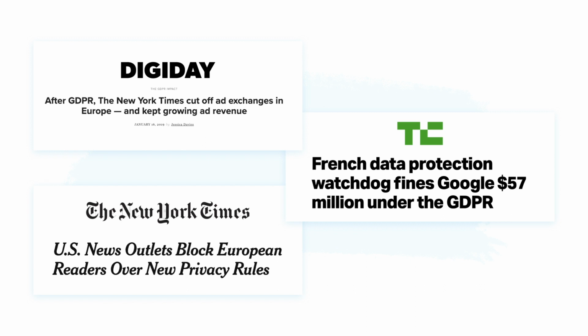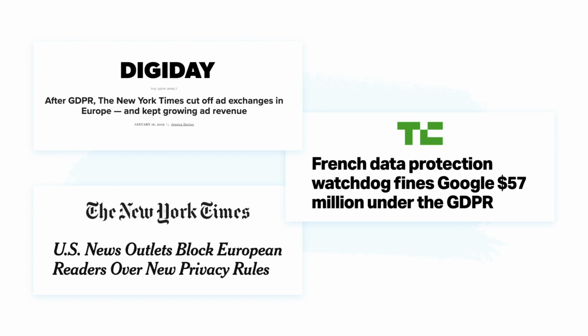Also, within days of the GDPR coming into force, we saw a number of US-based news websites have a sort of knee-jerk reaction and deny access to users with a European IP address as a way to avoid collecting personal data from EU citizens and residents.